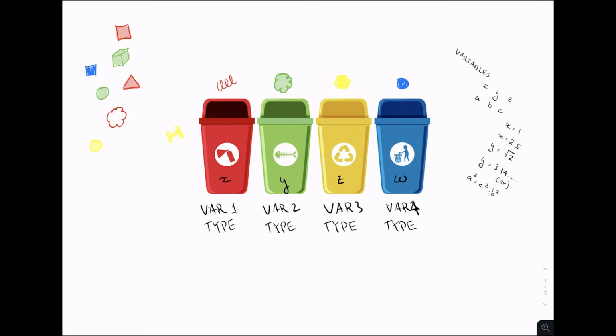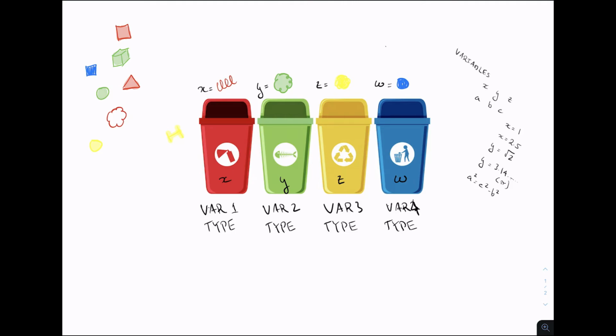The variable can only contain one item at a time. So in this case, I would have w equals the blue dot, z equals the yellow dot, y equals the green cloud, and x equals the red squiggle.